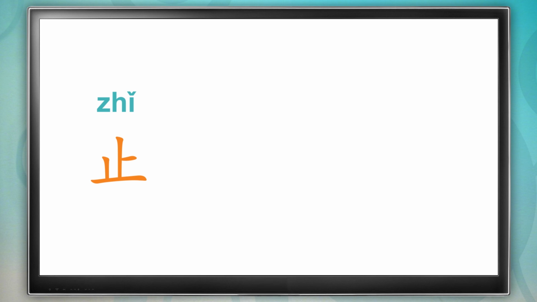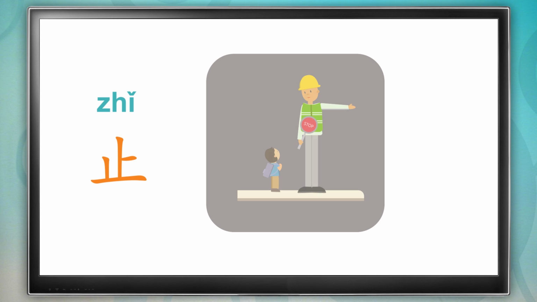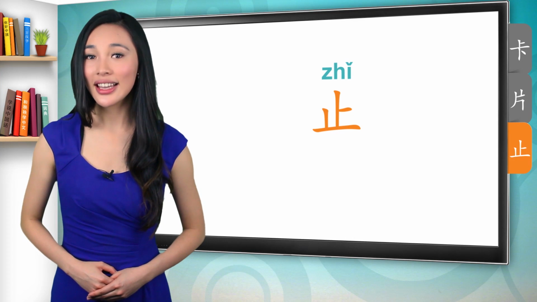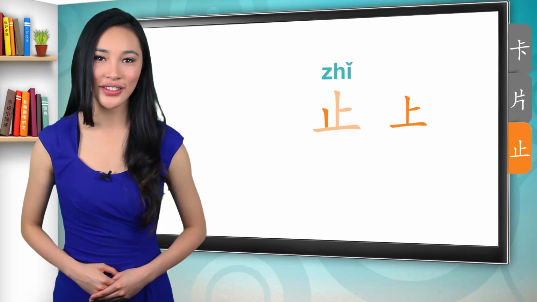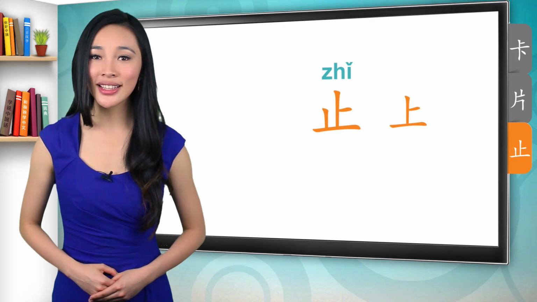Notice that 止 looks just like a crossing guard stopping the child from crossing the road. Can you imagine the child and the crossing guard with his arm up? Excellent. You can also see that 止 looks a lot like 上, but with an extra small vertical line on the left. Notice the similarities?